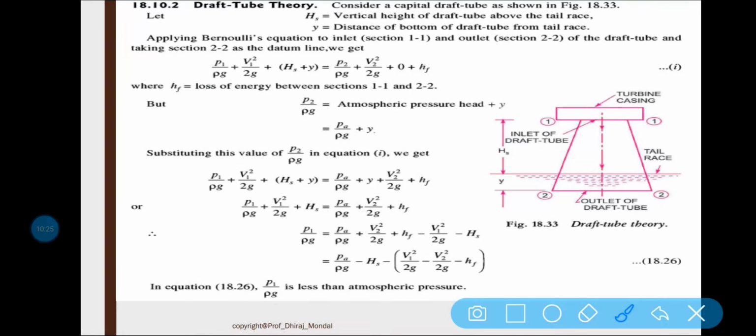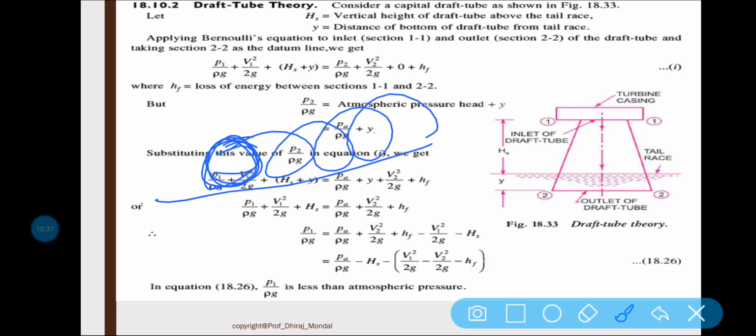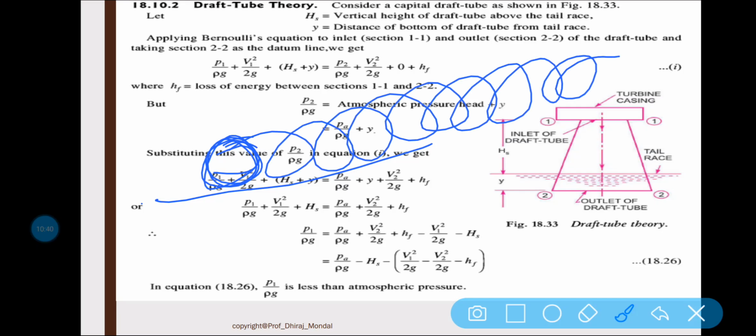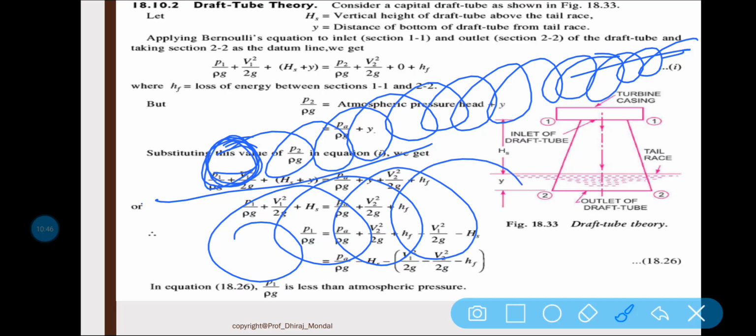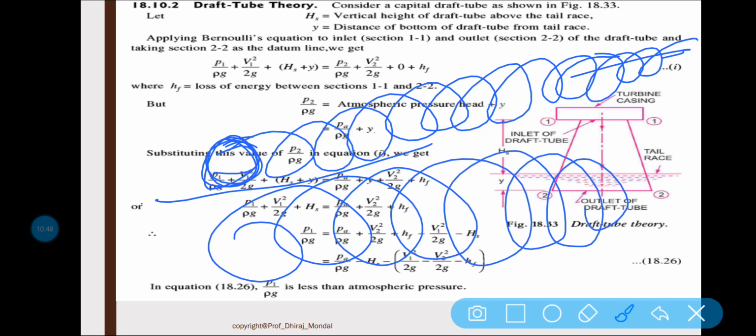What do you mean by irrotational flow? Rotational flow means that when a water particle is moving, it is also rotating with respect to its own axis and moving forward along the x-axis. So that is rotational flow.